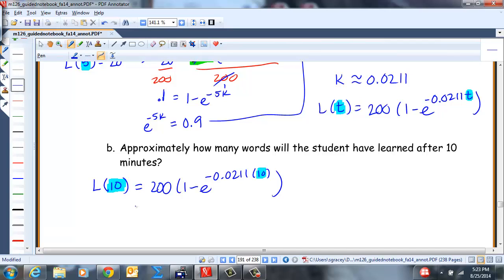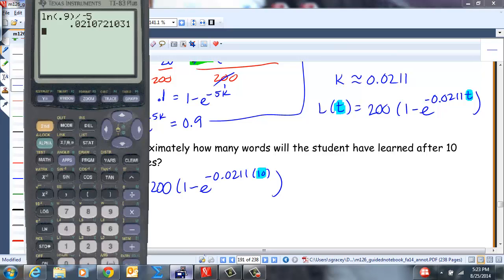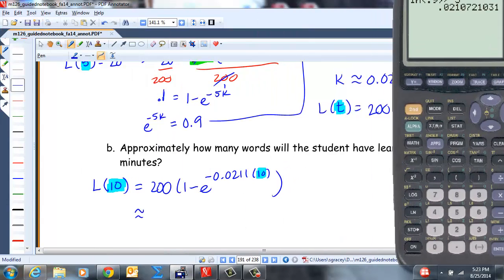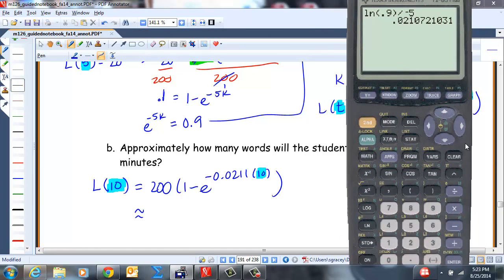So this is going to be approximately, get our calculator out, we have 200 times parenthesis 1 minus e raised to the negative 0.0211 times 10.